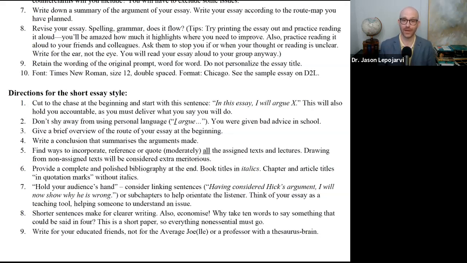You already noticed that I used personal language. I argue. Don't shy away from using personal language. You were given bad advice in high school. I understand why some professors prefer and encourage you not to use I. In early stages of education, when you don't know the difference between an opinion and an argument, where the argument is an opinion that's actually backed by evidence and reasoning, it may be good advice not to use personal language.